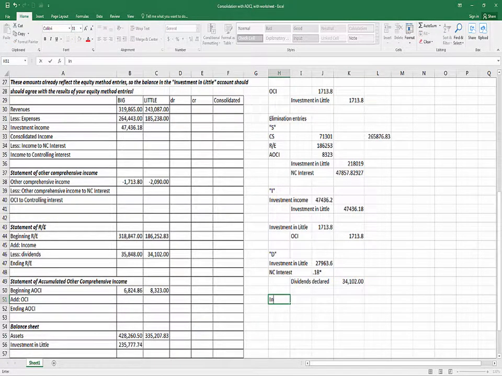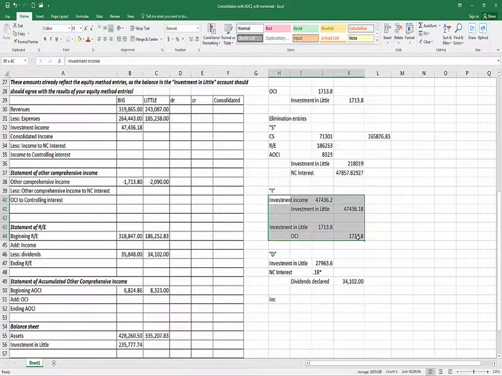Then finally we have our income to the non-controlling interest entries. And again, just as we had dual parent's income entries, we're going to have dual income to the non-controlling interest. It's going to be the same basic pattern. We're going to allocate with a debit some income to the non-controlling shareholders, and then with a credit we're going to allocate some of that negative OCI to the non-controlling shareholders.